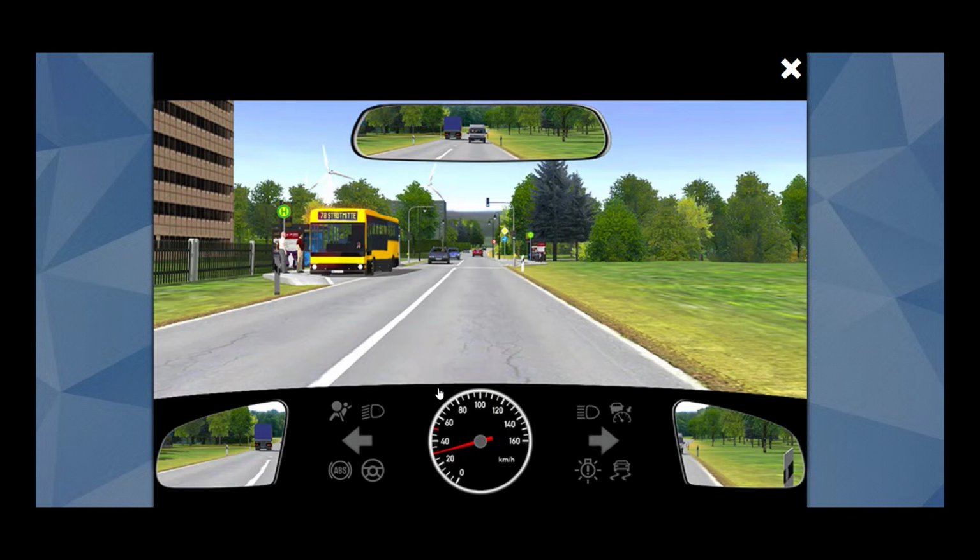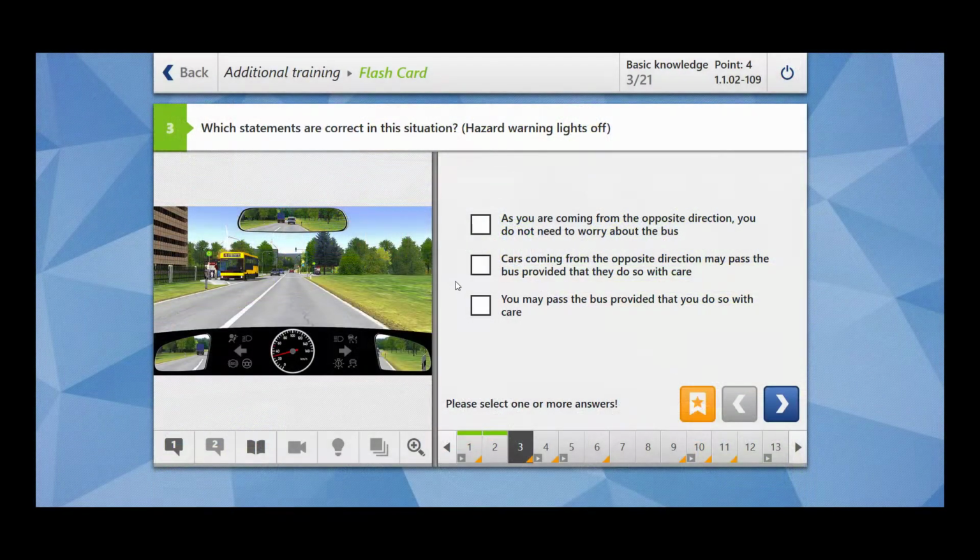So even if you are coming from the opposite direction, you have to be extra careful. Cars coming from the opposite direction may pass the bus provided they do so with care. This is correct. What is the meaning of with care? That you should pass the bus at walking speed. You have to be extra alert and ready to brake. You may pass the bus provided that you do so with care. This is also correct.